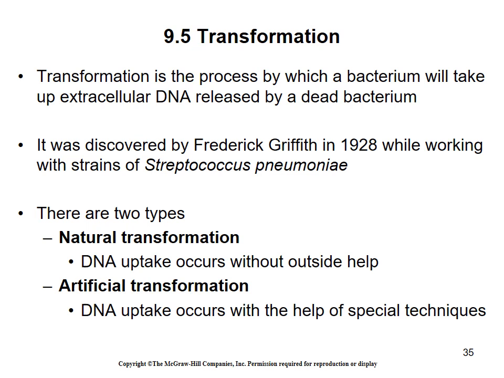For instance, in our genetics lab, we do a transformation experiment where we introduce a glow-in-the-dark gene into E. coli. The DNA is extracellular, and we encourage the host E. coli cell to take it up by changing the temperature and exposing it to calcium chloride.